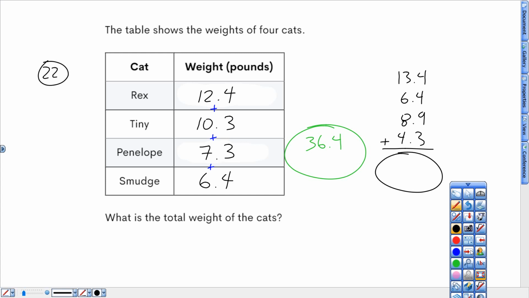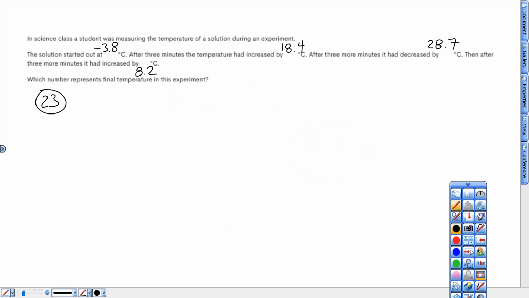Next problem, 23. This one has you just add or subtract numbers, making sure on your calculator you're hitting that special minus button to make it negative. That's at the bottom left of your calculator. You don't want to use the regular minus button. You want to use the negative button, which is down here, to make that number negative.